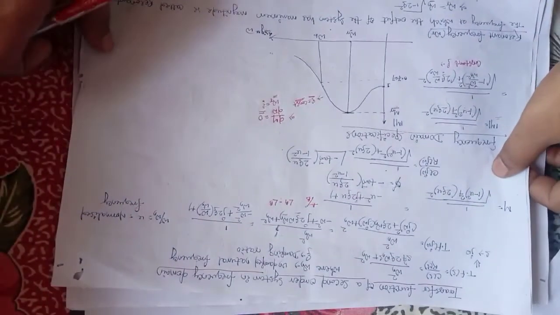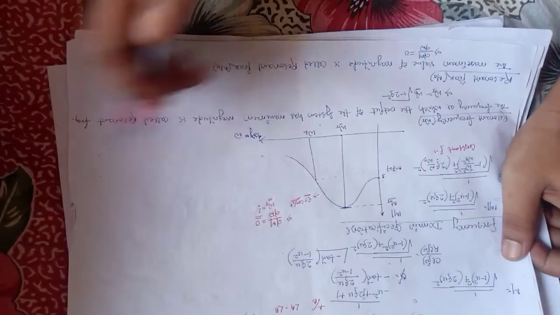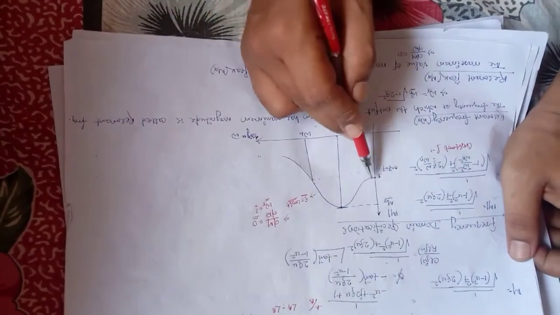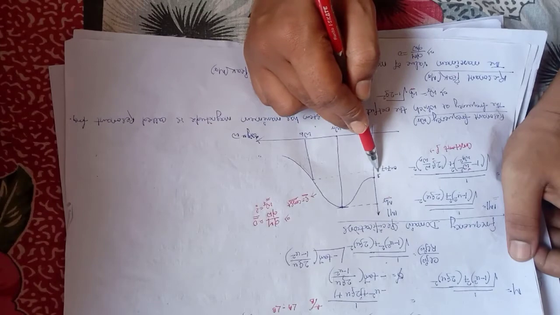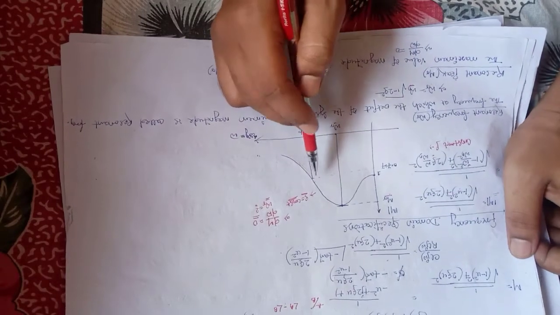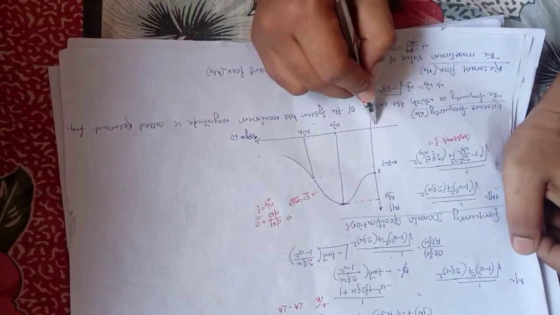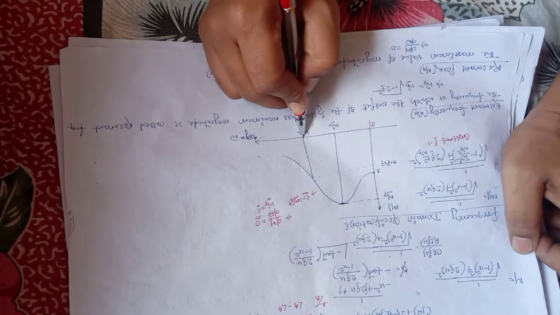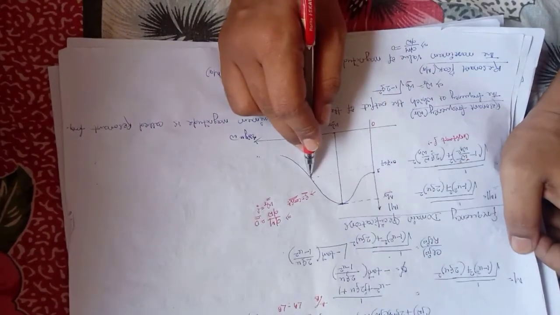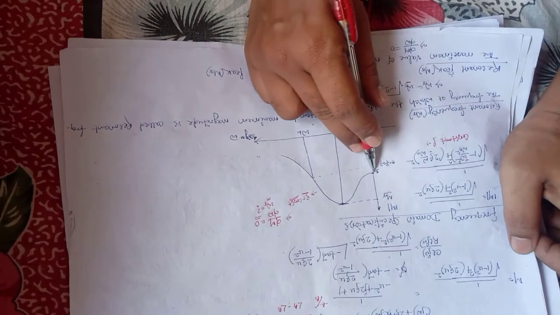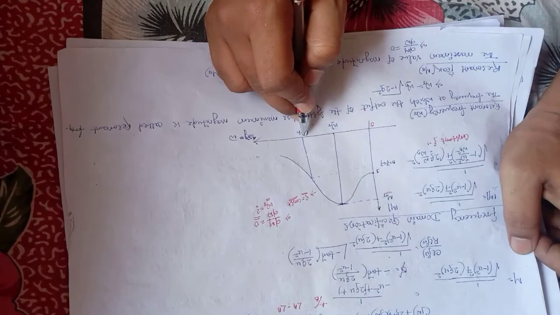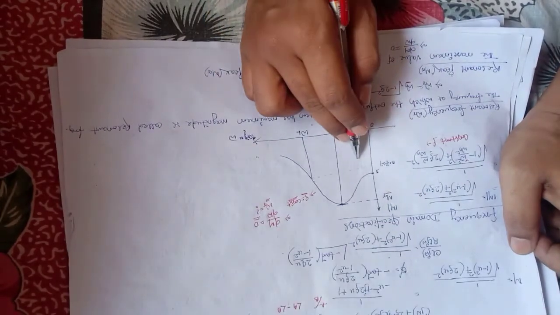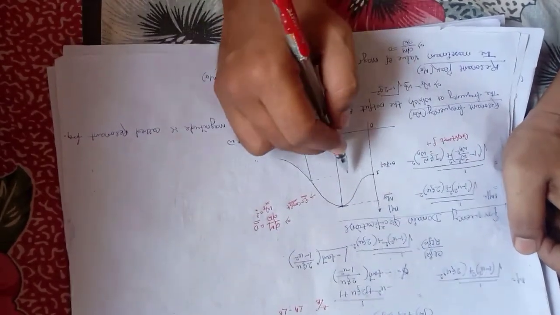The simple description of bandwidth: the frequency starts from 0, and the range of frequencies at which the magnitude reduces to 1 by root 2 times of its magnitude at 0 frequency. At 0 frequency the magnitude is 1, so the range of frequencies at which the magnitude reduces to 1 by root 2 times of its maximum value.